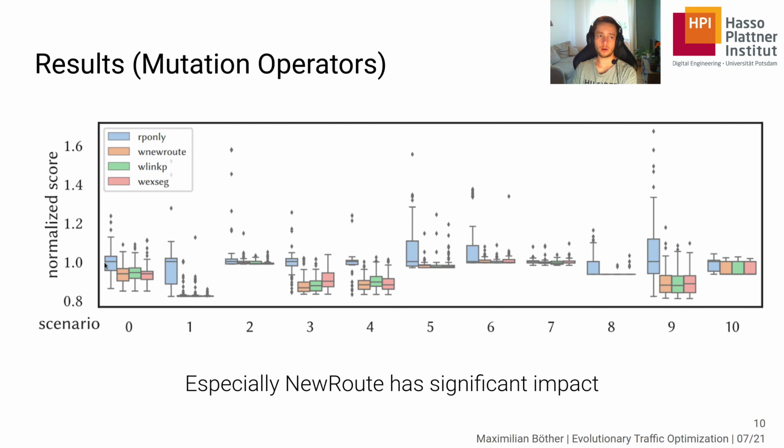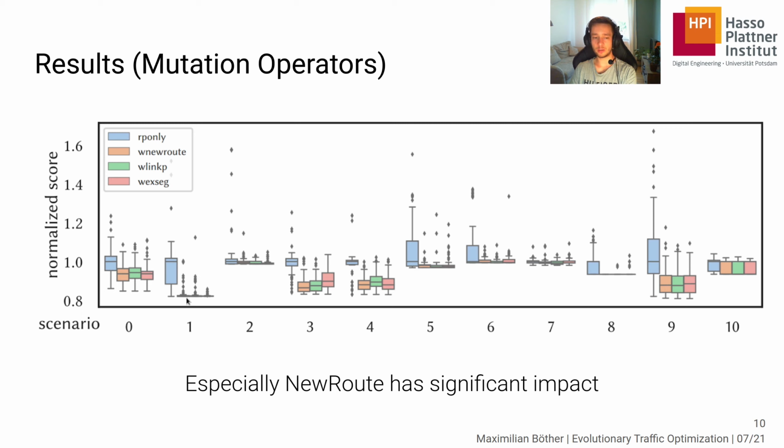So we start with RP only, which is just local changes. Then we introduce the new route operator here in the orange box. Then we introduce the smarter choice of local changes, where we enforce rerouting to shared segments, so to traffic light crossings, for example. And then at last we introduce the exchange segment operator.